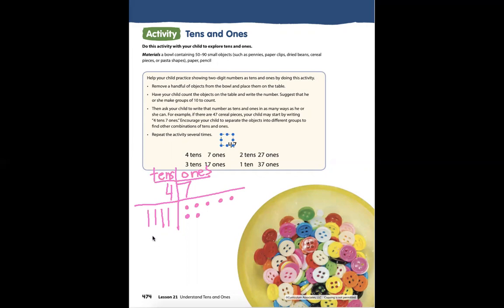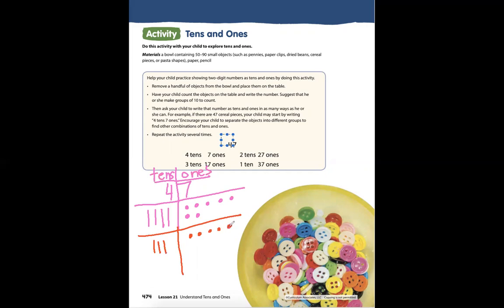But another thing we could do is look at it another way. So this is 4 tens and 7 ones. But I can still make the number 47 if I use 3 tens and 7 ones.